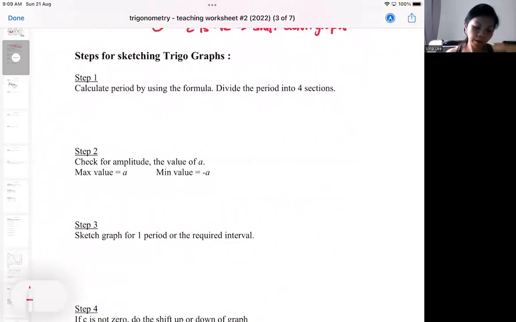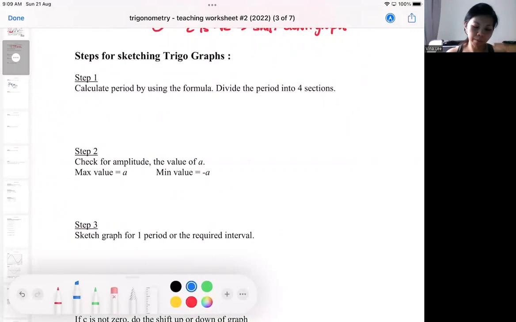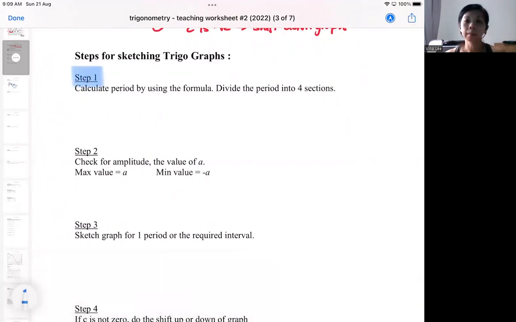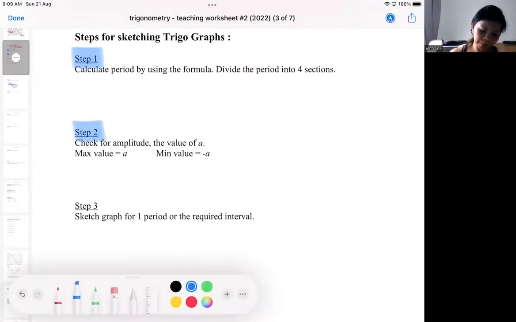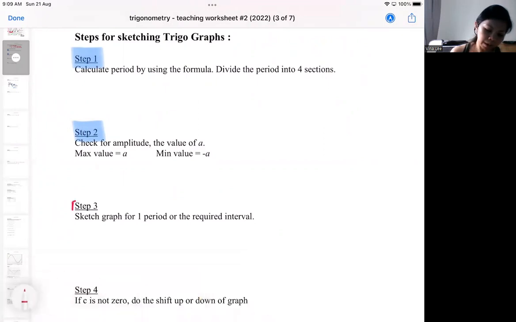So the first step, I will usually calculate the period, and I will divide the period into 4 sections to facilitate the drawing. Then second step, I will check for the amplitude because the amplitude will tell me the highest and the lowest. And then the third step is the one that I will add in order to sketch.